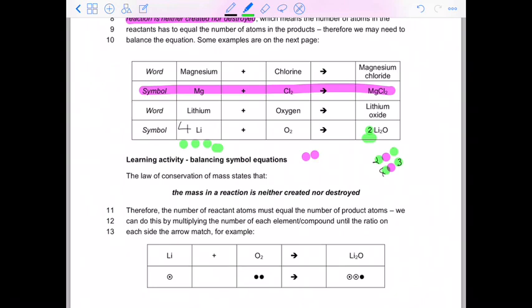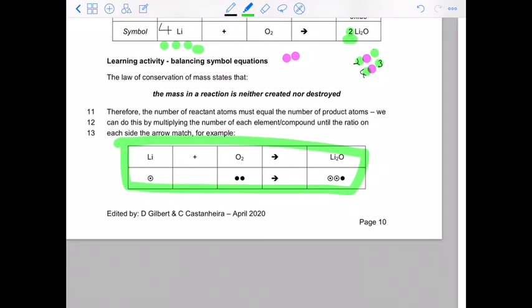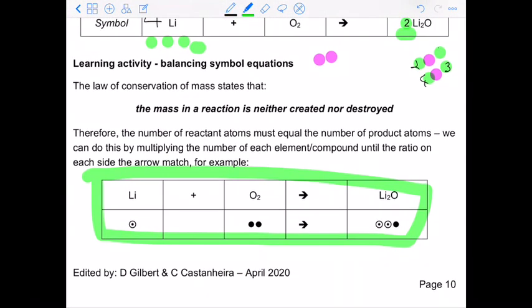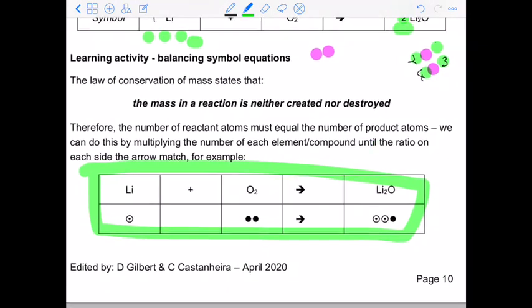So, as I just showed there with the highlighting, that's what this turns into. So I'd like you, without looking above, to try to write out that equation again and balance it without looking at the example above.